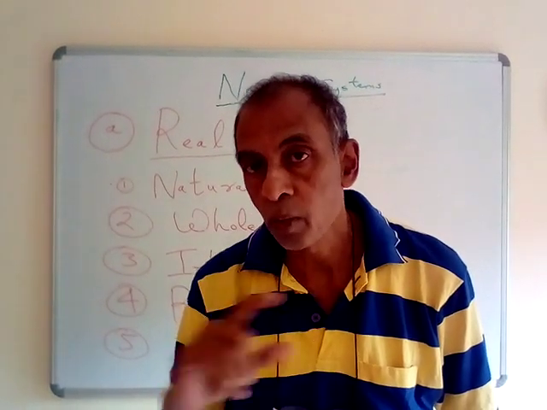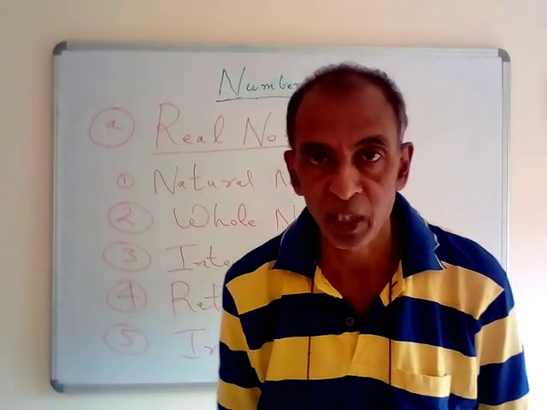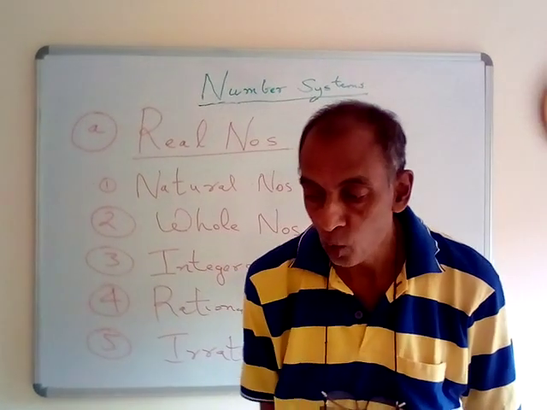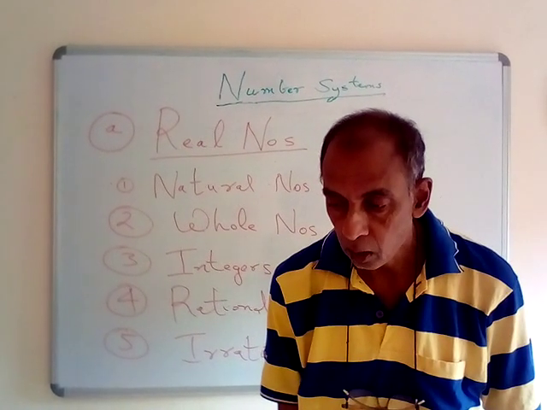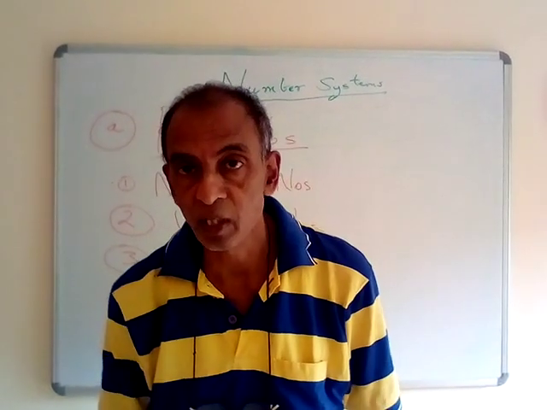So on a number line, where will these natural numbers have their location, where they are located on the number line. That is one. Then you have the decimal expansion of the real numbers.